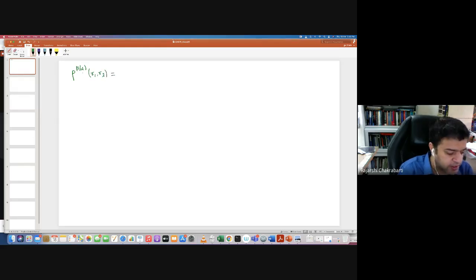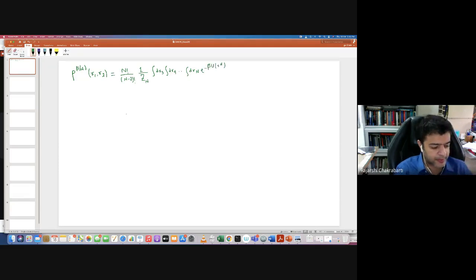And since you have 2 slash n, this is for any two particles, and it has to be n factorial divided by n minus 2 factorial, and then you have 1 over this configurational integral, and then you have to integrate over all the position coordinates other than 1 and 2 of this quantity. Okay, this is something which we're going to use later. Okay, are you following, everyone?